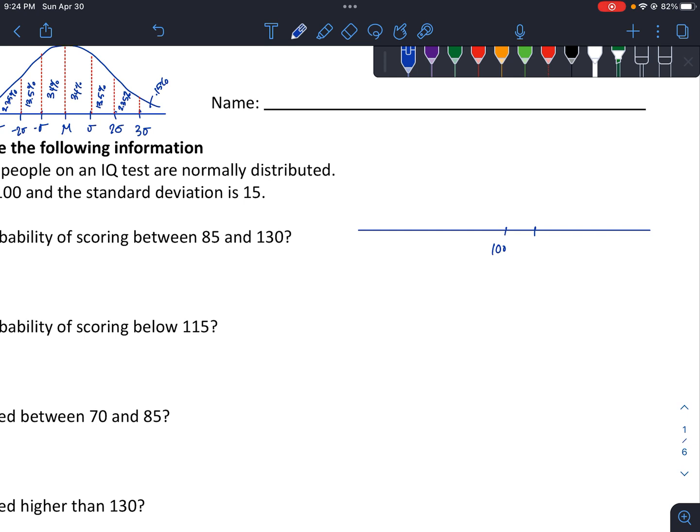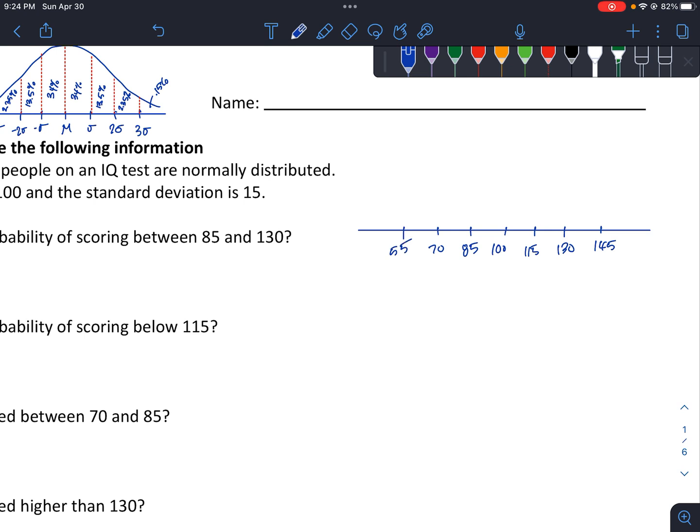We'd have 115, 130, and 145. Then 85, 70, and 55, if I'm doing my math right.